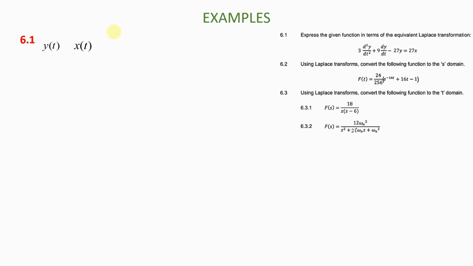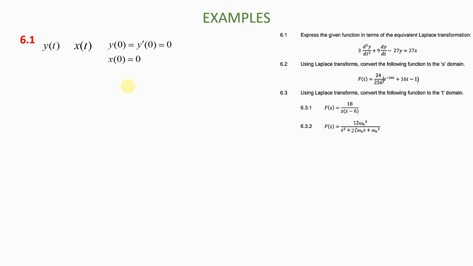They need to tell you that before you can take the Laplace transforms here. The reason for that is because we're doing Laplace transforms of derivatives, so you need to know those initial conditions. But since in this case we haven't been told anything about the initial conditions, what we're going to assume is that all the initial conditions are 0.